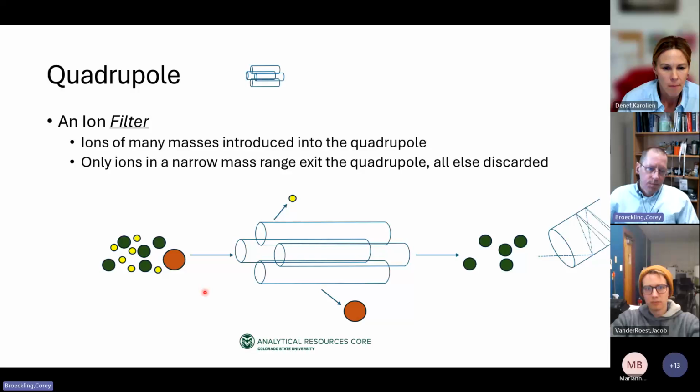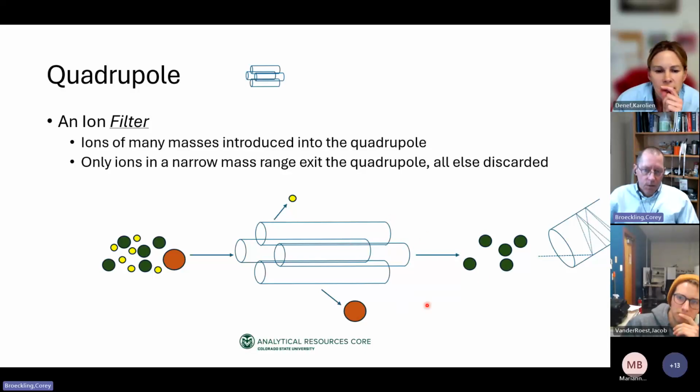And so what happens is many ions of many masses go into the quadrupole, but only ions with a certain mass come out of the quadrupole. The other ions are discarded, and these ions are never actually detected. So you could have 100 different ion masses go in, but if only one of them is allowed to pass through, all of those other 99 are discarded into the waste, and only the one target one is the one that hits our detector, which is this cartoon back here on the right.